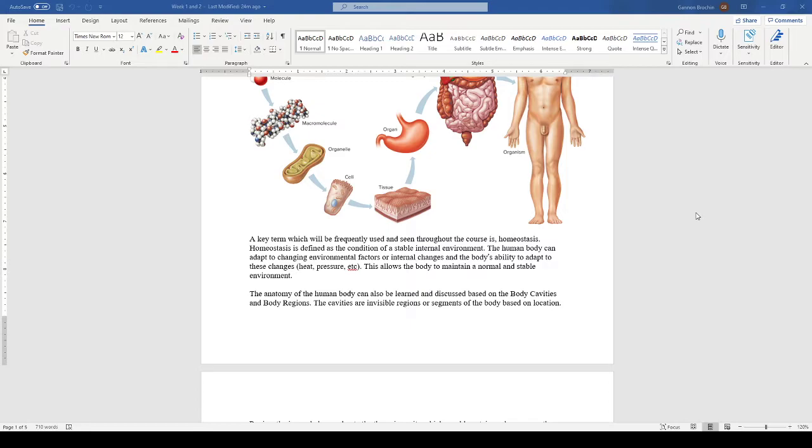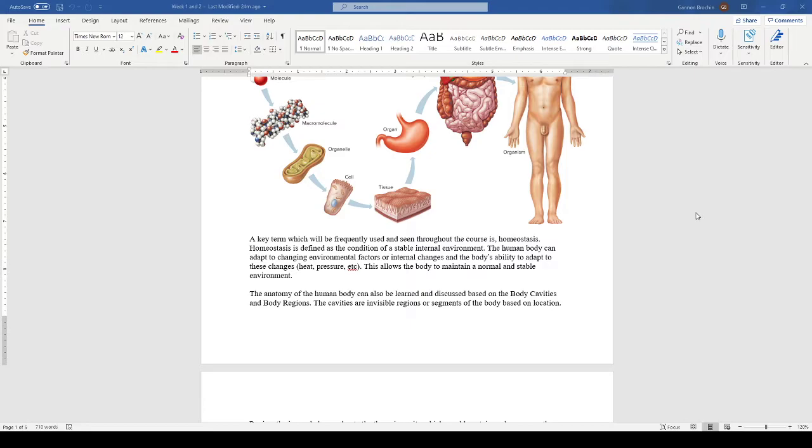Okay, our body uses energy to maintain an optimal environment for its function. Okay, and this includes things like temperature, pH of the blood, the amount of oxygen that the blood has.